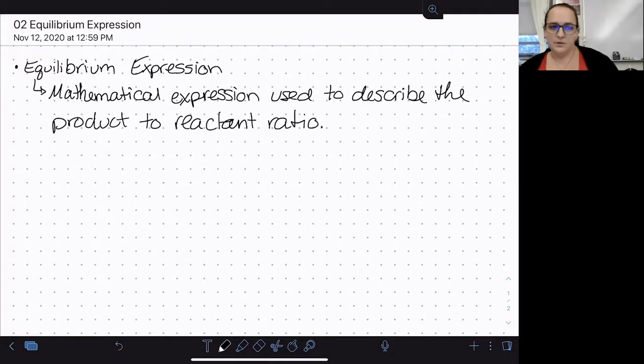So we can write the equilibrium expression from our balanced chemical reaction.